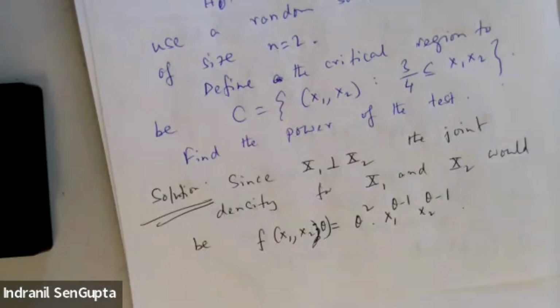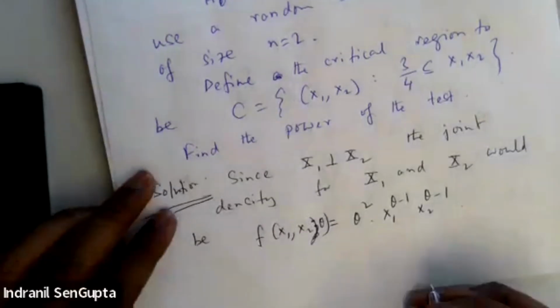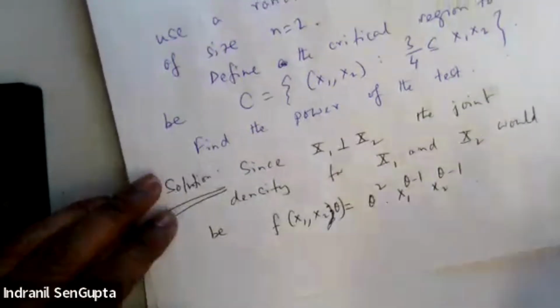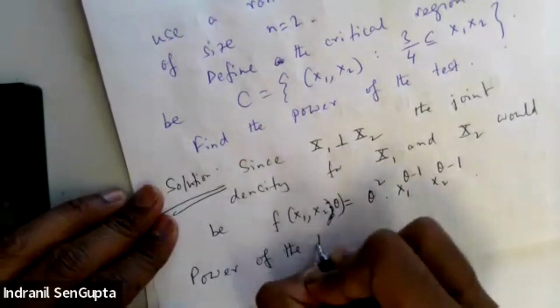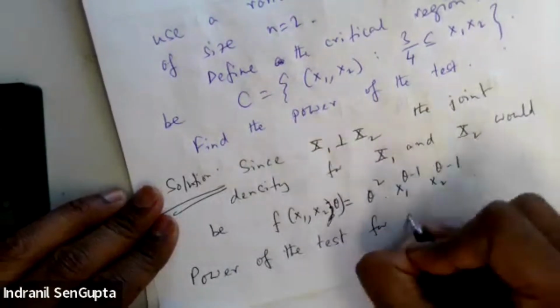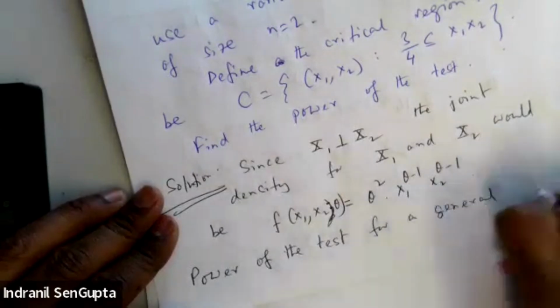So now, if I want to compute the power of the test for a general theta, what does it mean?